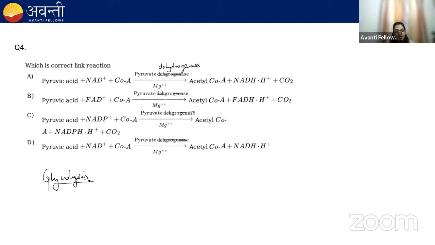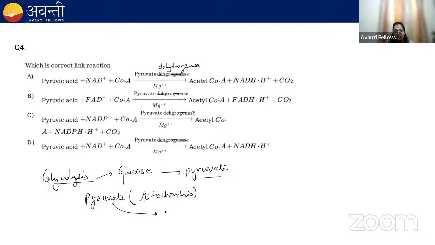You know, in glycolysis, glucose is converted to pyruvate, right? This pyruvate enters into the mitochondria, where it is converted into acetyl-CoA.